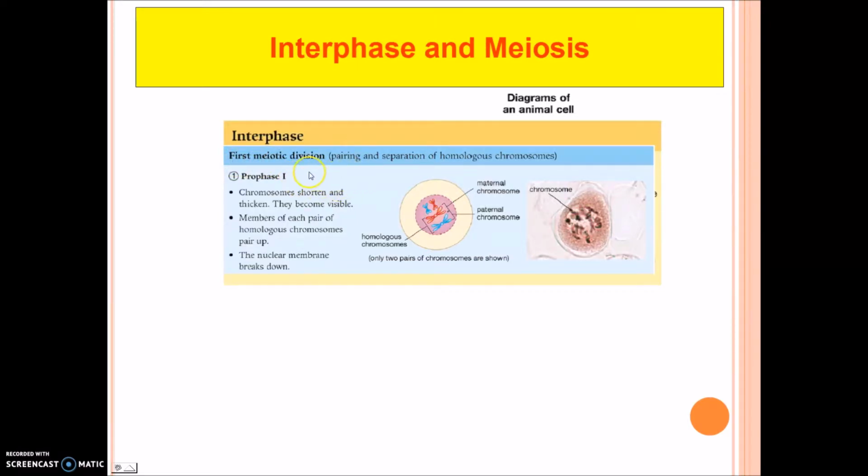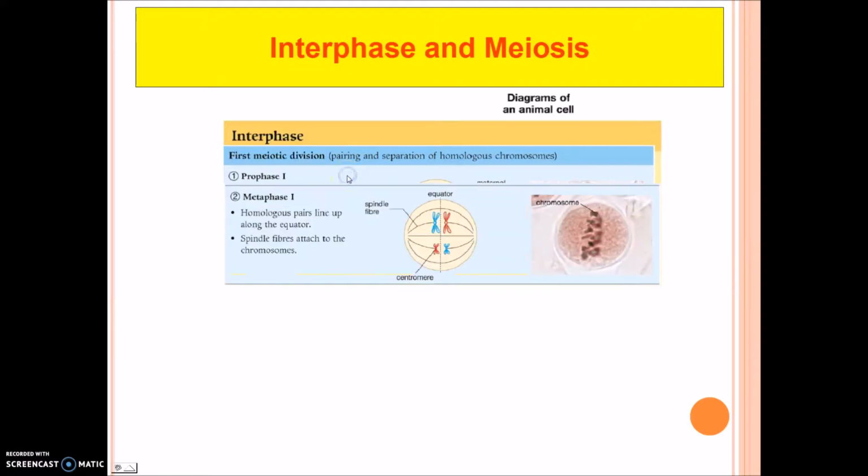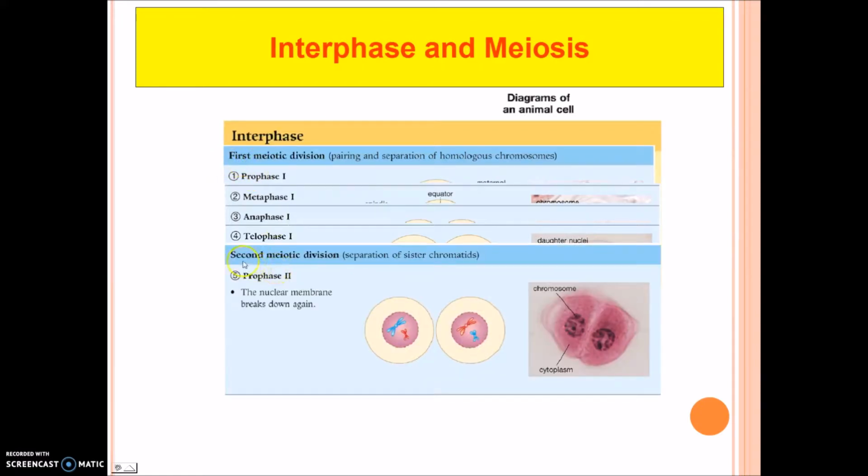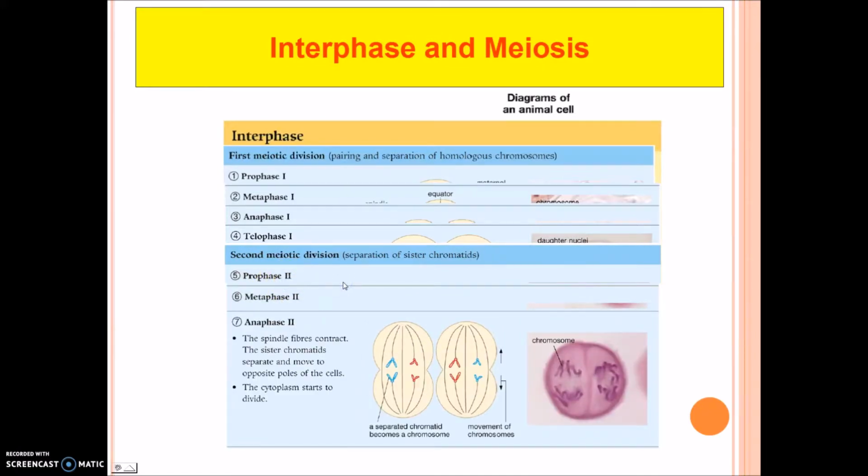Remember, for the first meiotic cell division, the significant behavior of the homologous chromosomes is pairing and separation of homologous chromosomes. That is a very important behavior. After that, we go to the second meiotic cell division, so we have prophase 2, metaphase 2, anaphase 2, and telophase 2.